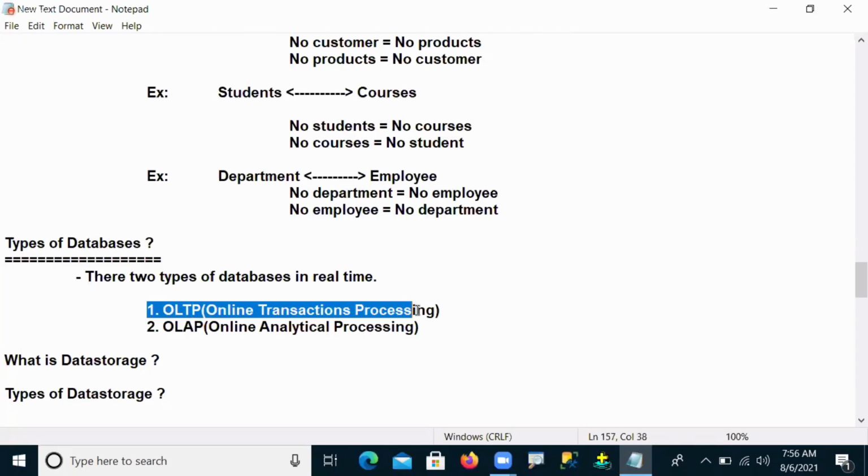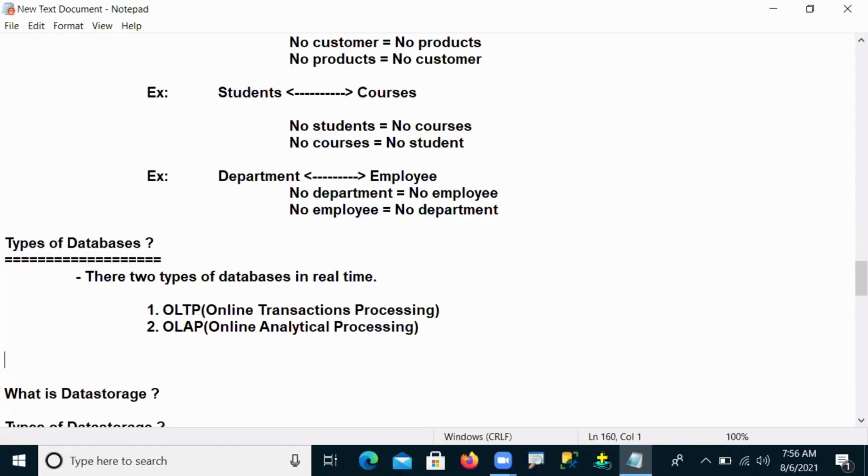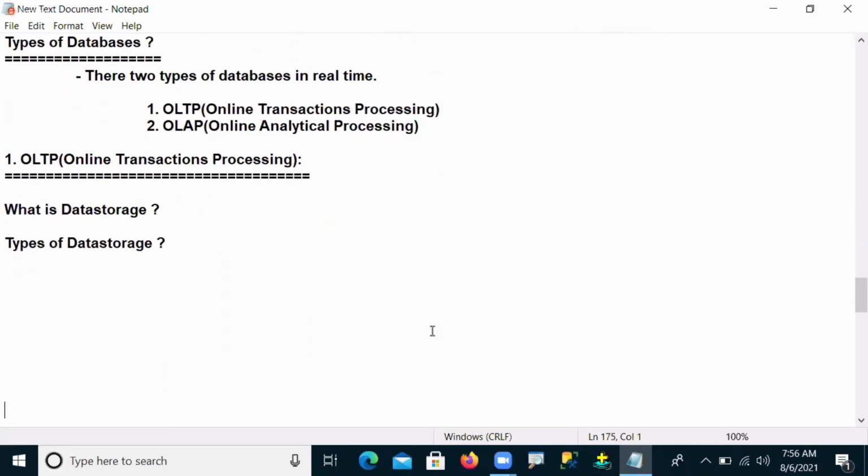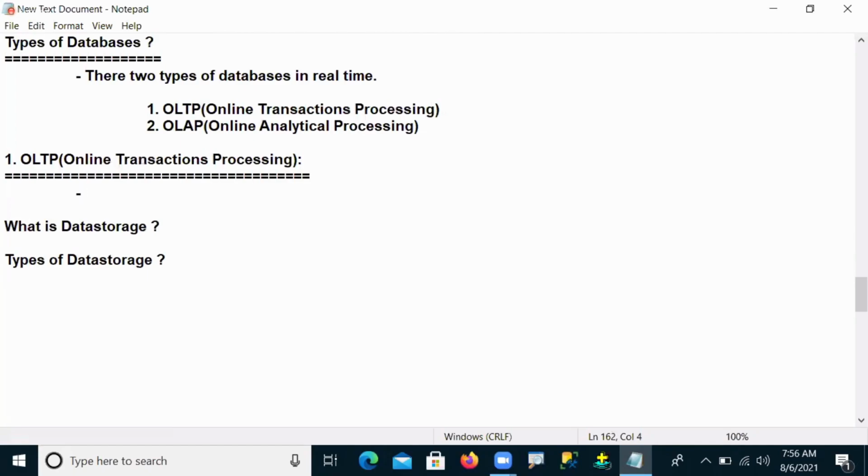OLTP stands for online transaction processing, and basically, this OLTP is going to be maintained by organizations.